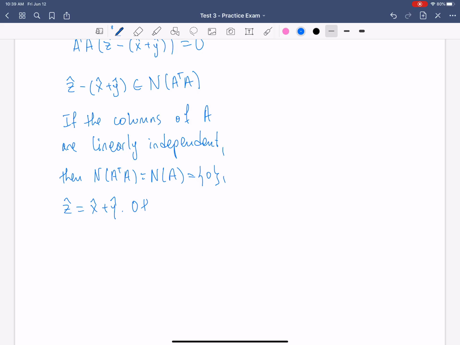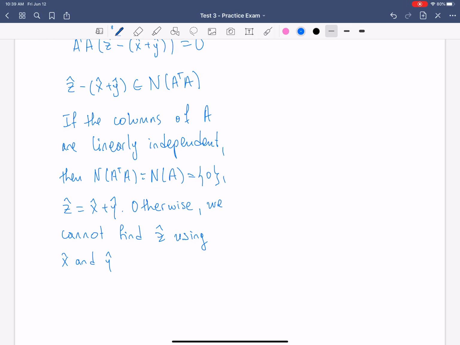Otherwise, we cannot find Z hat uniquely. Well, we cannot find Z hat using X hat and Y hat uniquely, right?